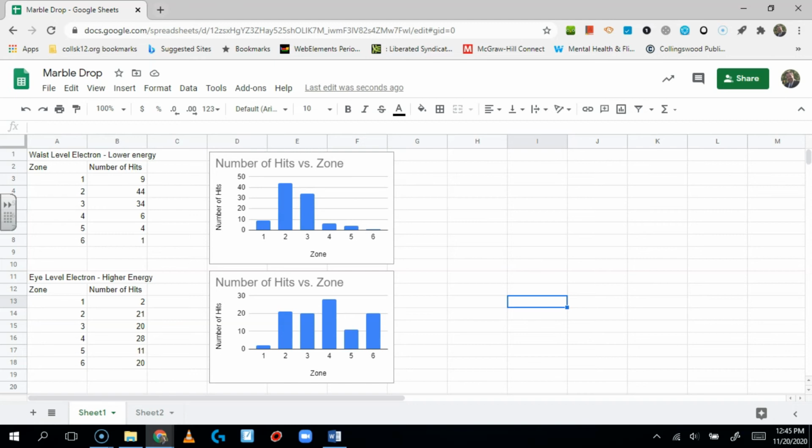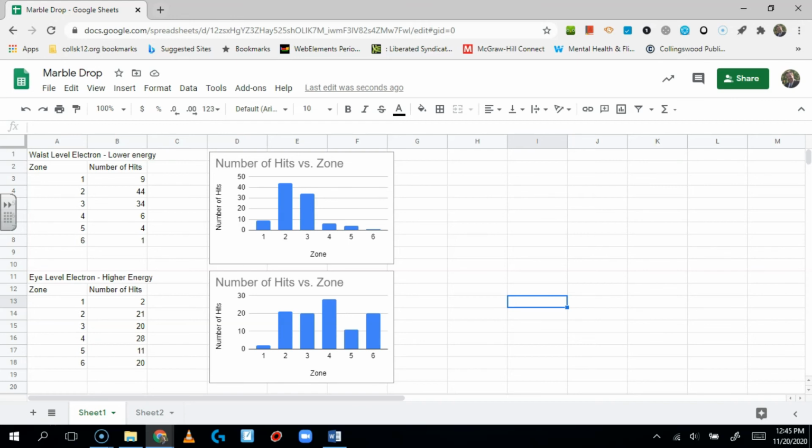If it has low energy, the chances of you finding it closest to the nucleus are pretty good. If it has higher energy, yeah, you can find it close to the nucleus, but notice that the zones it's going to occupy are going to be spread out. They're going to be found in a lot of the zones. And this is exactly what an electron does.